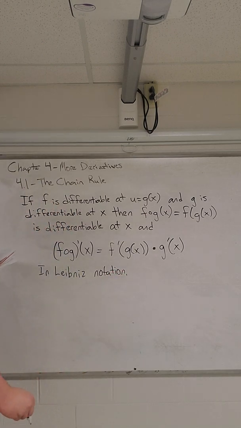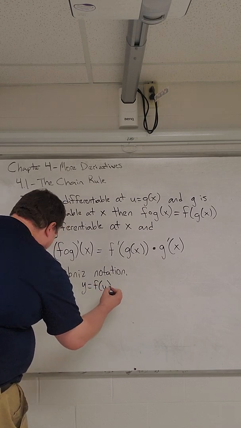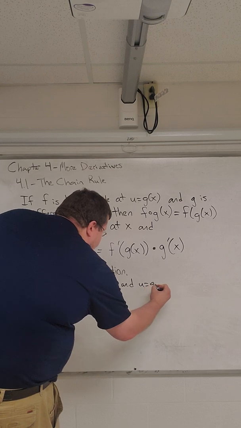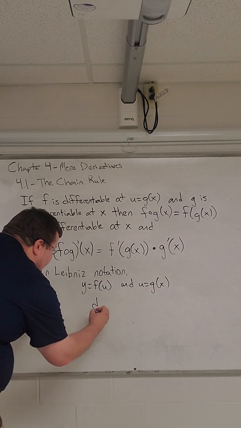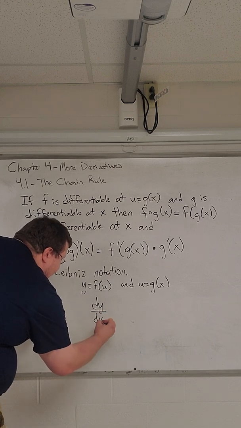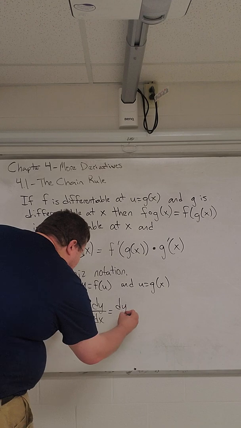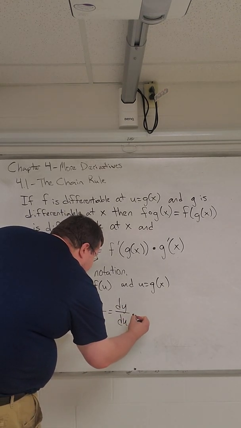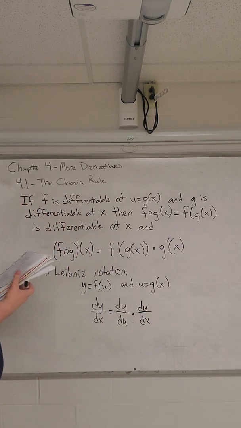This rule basically says if y is equal to f of u and u is equal to g of x, then dy/dx is going to equal dy/du times du/dx.